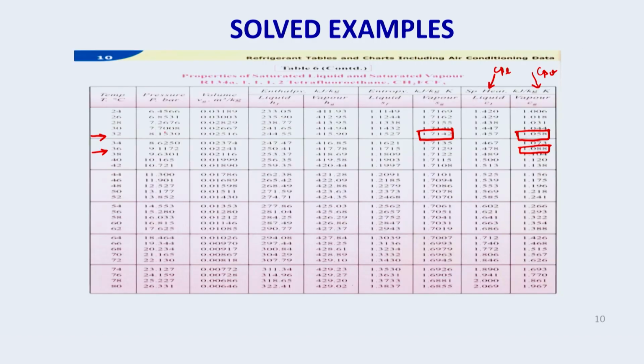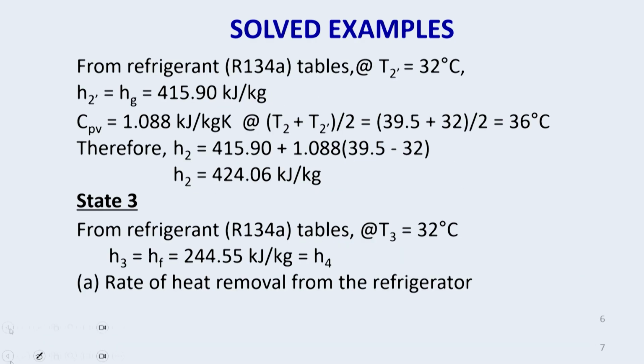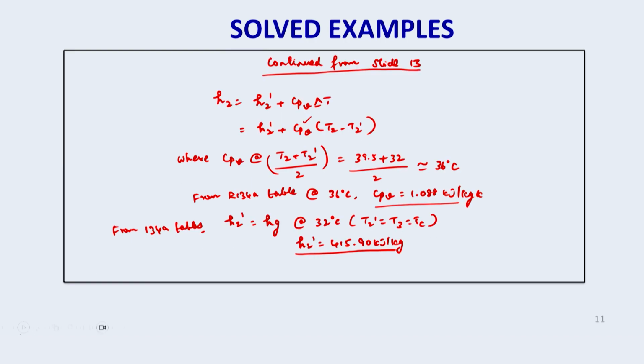Corresponding to 32, this is liquid enthalpy, this is vapor enthalpy, 415.9. So H2 dash comes to 415.90 kilojoule per kg. Now substitute the values.